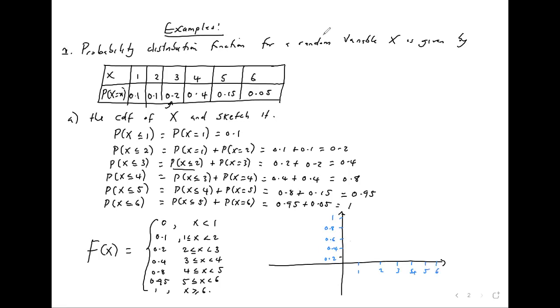To start, at 0 there's nothing. From 0 to 1, anything less than 1 you have said is 0. So you open there and you go this side. It's 0.